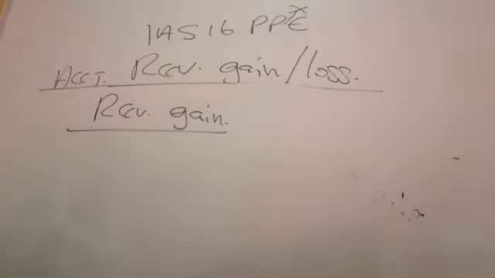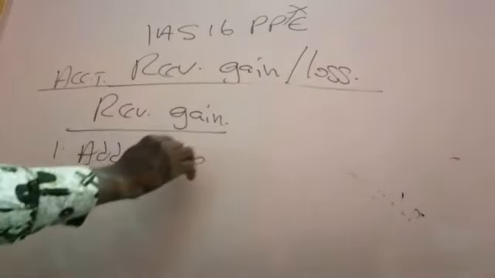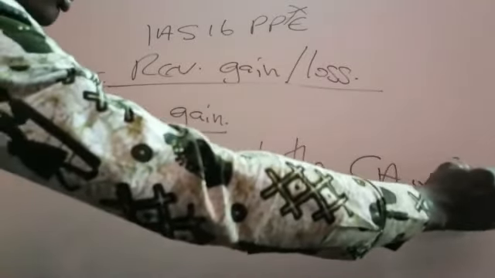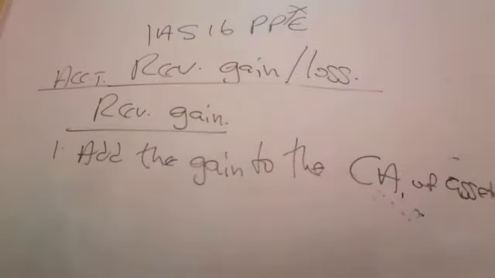First, add the gain to what? The current amount of the asset. So the first treatment will be: add the gain to the current amount of the asset.